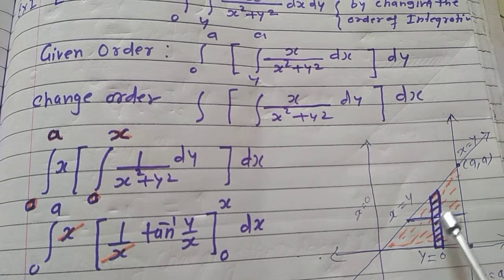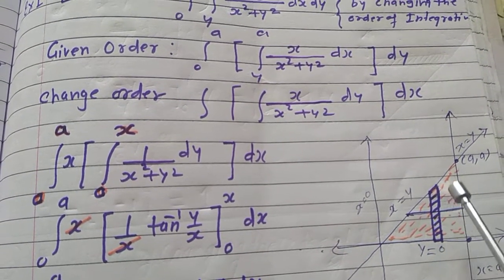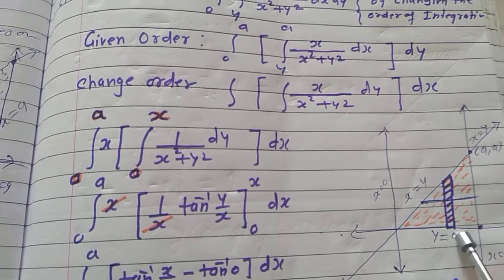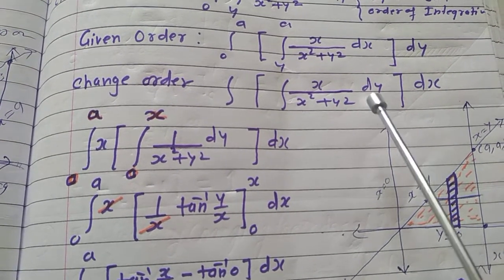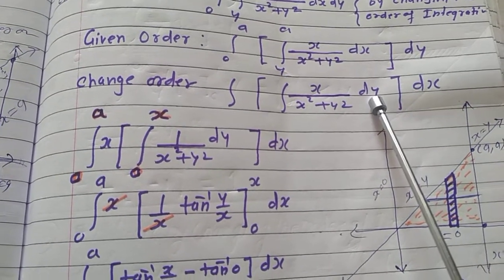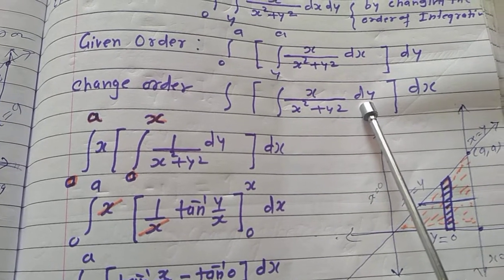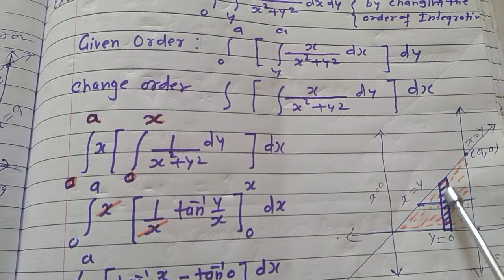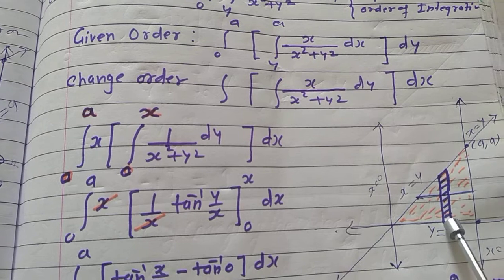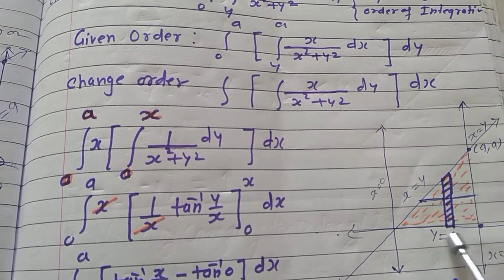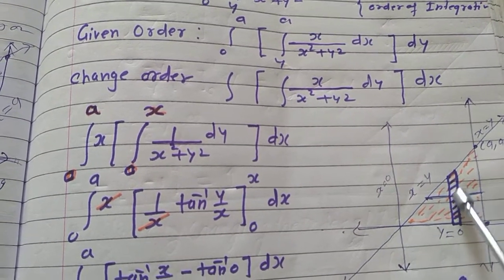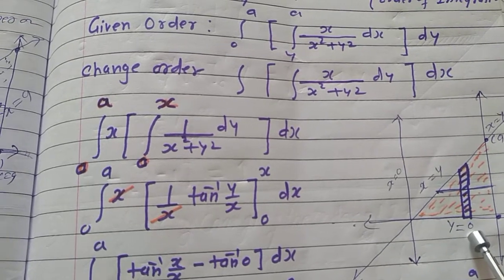Now I want to change the order. So take the strip parallel to the y axis, because in the changed order the first integration is with respect to y. This is the region of integration. Now what is the lower limit? Y is equal to 0.